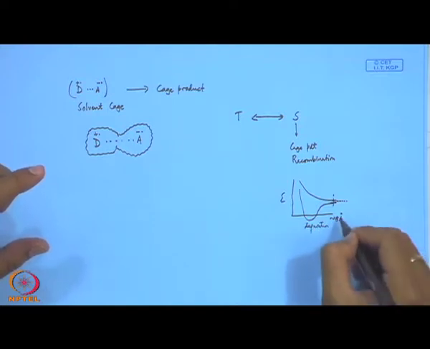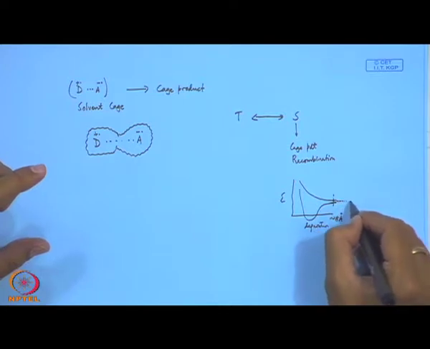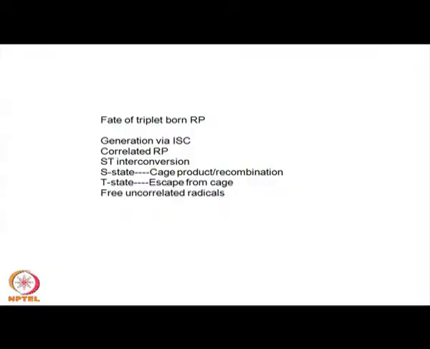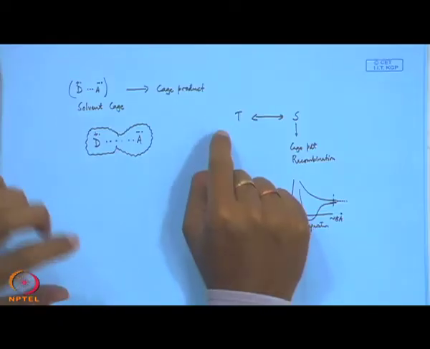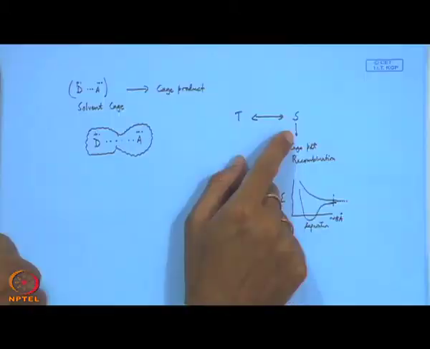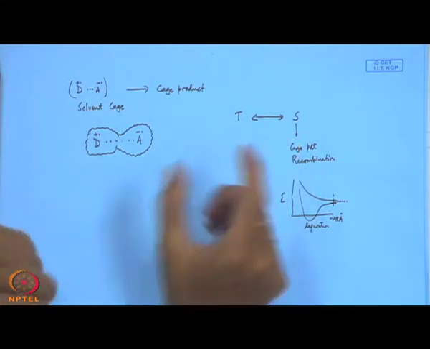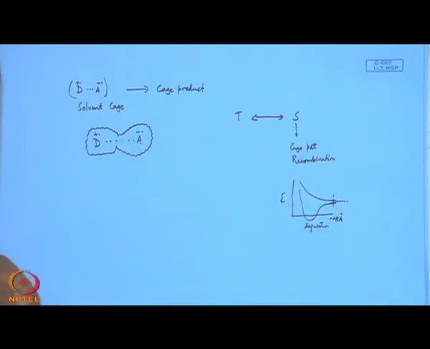In this region, they are free and of course uncorrelated. Correlated means they are maintaining a definite overall spin. At an intermediate point it may be a linear combination of these two extreme states, but still they may maintain an overall spin correlation, overall singlet or overall triplet.